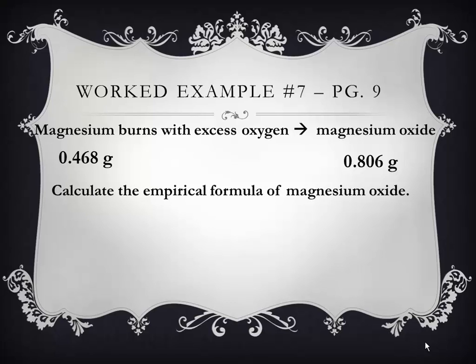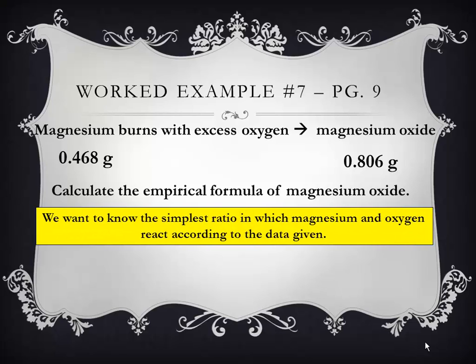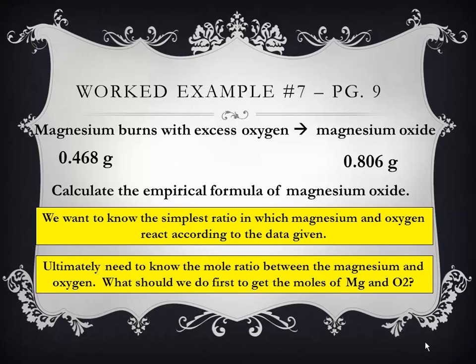So we're trying to figure out the empirical formula of magnesium oxide. Okay? So we know how much magnesium, we just don't know how much oxygen. But we can do a little subtraction to find the oxygen from the magnesium oxide.